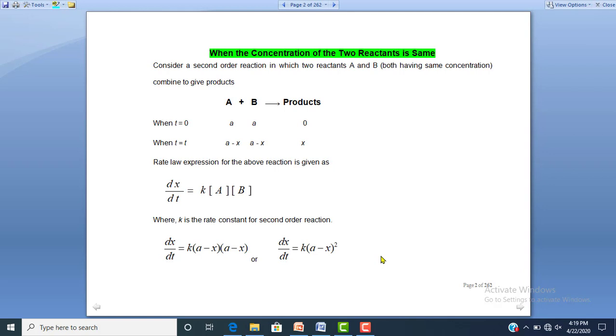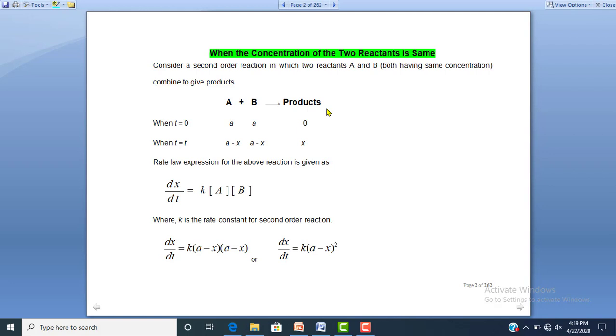To understand the mechanism and the kinetics of such a reaction, we suppose that there are two molecules, one of them is A and the second is B. When molecules A and B react with each other, some products are produced.